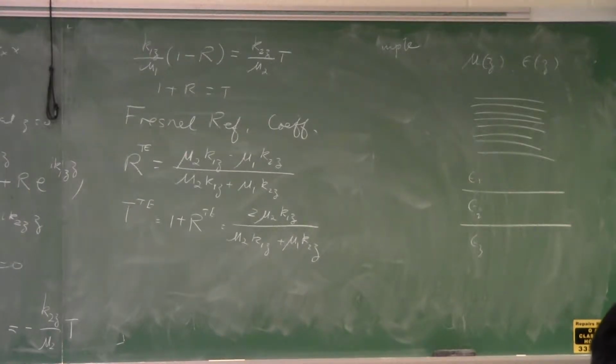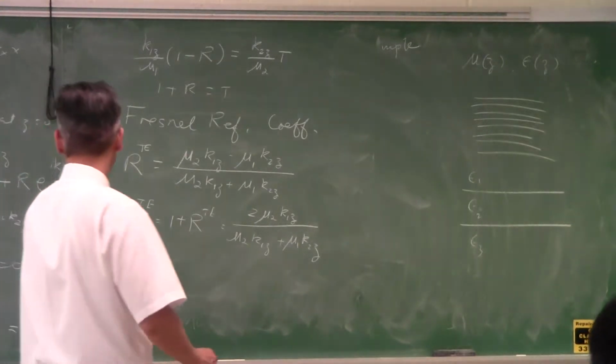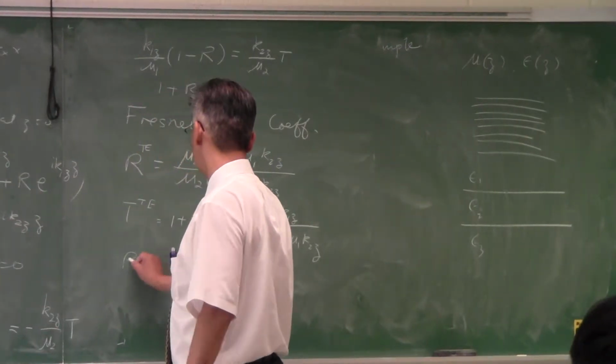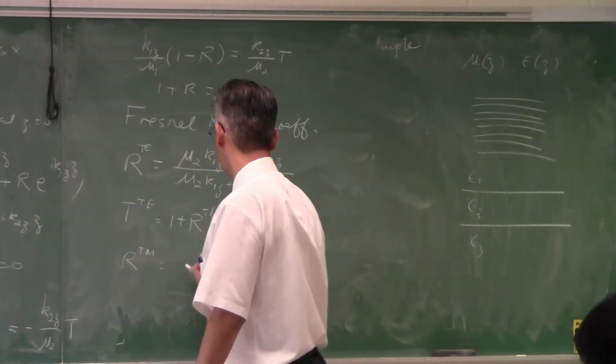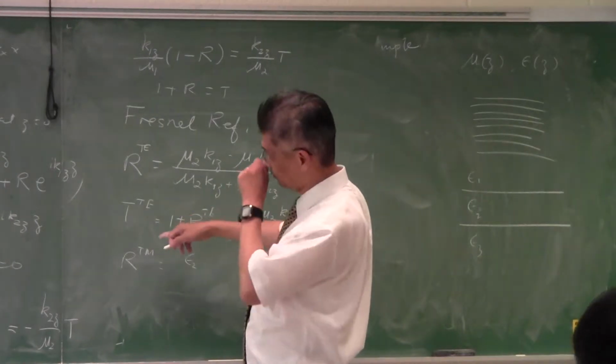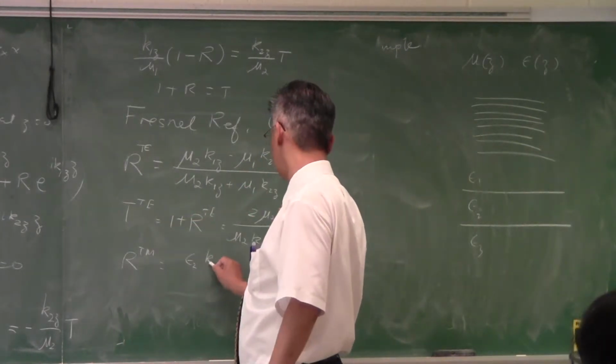And you can repeat for the TM case. For the TM case, you go through the same exercise, and you will obtain that R_TM is equal to (epsilon 2 k1z minus epsilon 1 k2z) over (epsilon 2 k1z plus epsilon 1 k2z), because you will have epsilon involved in the boundary condition.